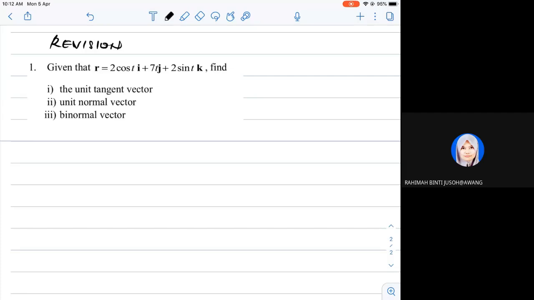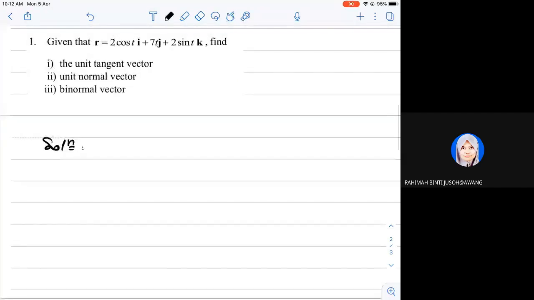Okay, so now we need to find the unit tangent vector, unit normal and binormal vector. Okay, so first of all, solution. We have R of T. R of T is the position vector.